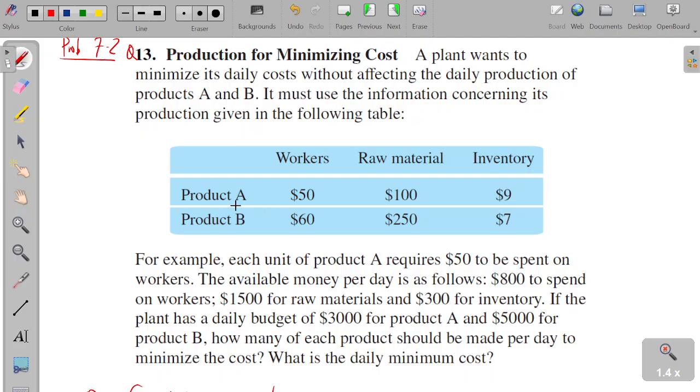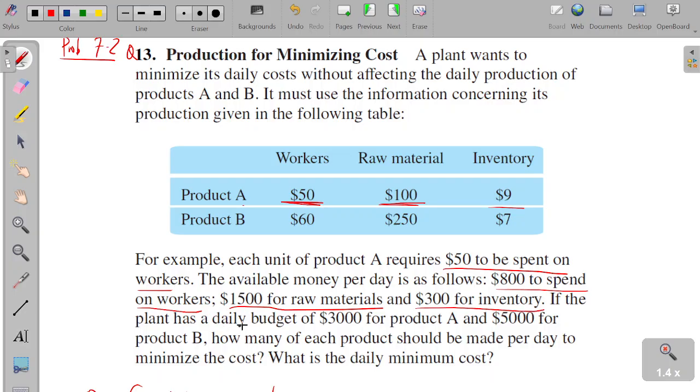So we have product A, the cost for workers, the cost for raw material and inventory, and then the same thing for B. For example, each unit of A requires $50 to be spent on workers and $60 to be spent on workers for B. The available money per day is as follows: $800 to spend on workers, that is the available money. You cannot spend more than that. And then we have $1,500 for raw material, and for inventory it is $300.